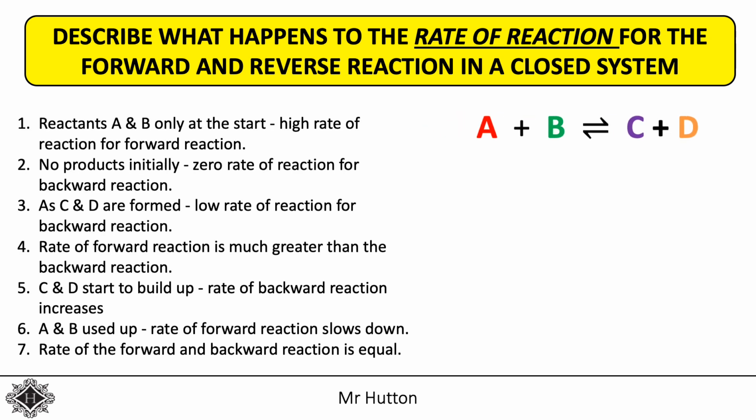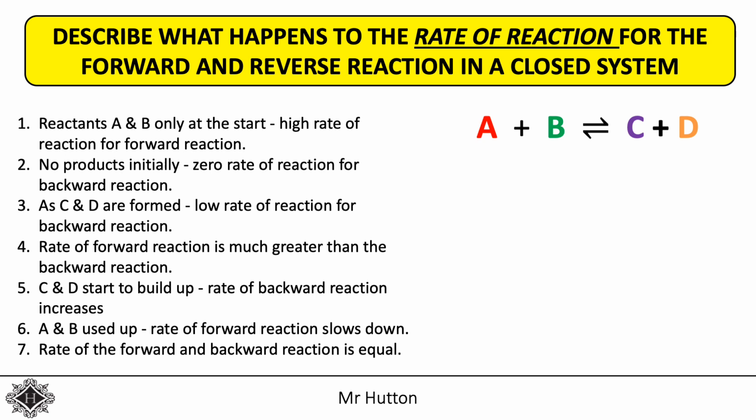So here's what would happen. Now, there's a lot of writing here, so just listen carefully to start with. In a reaction between A and B, creating C and D, in our closed system, it's a reversible reaction, the reactants A and B, that's all you would have at the start.